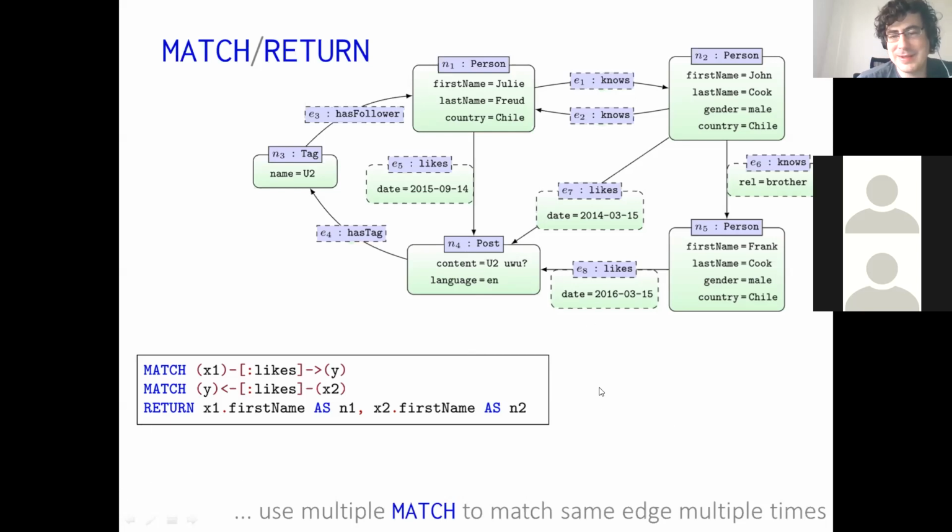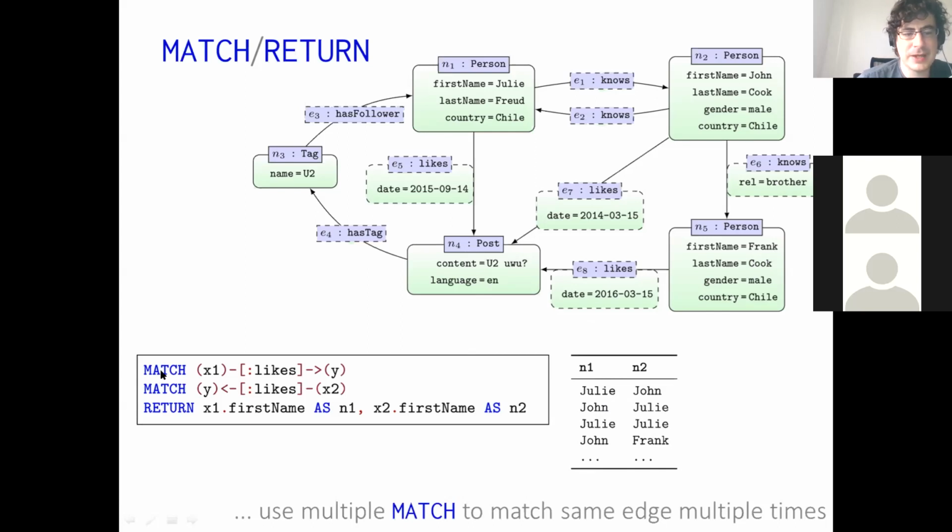We would expect the same results generating all the pairs possible, but now we would expect 9 results because we would also expect the Julie, Julie result. We would expect the John, John result and the Frank, Frank result. So between these two matches, we'll use a join. And this is a way to match the same edge multiple times. So in this case, we can use E5 in one match and then join it with E5 in the other match here. Okay, any questions or doubts?